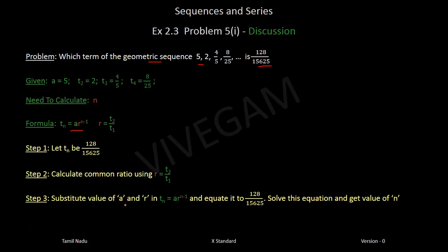Then substitute the values of a, which is 5, and r, which we calculated, in the formula Tn equal to a r to the power of n minus 1, and equate it to 128/15,625. So you will get a r to the power of n minus 1 equal to 128/15,625. In this equation, everything is known except n. Only one unknown is there, so it can be calculated. Then solve this equation and get the value of n.